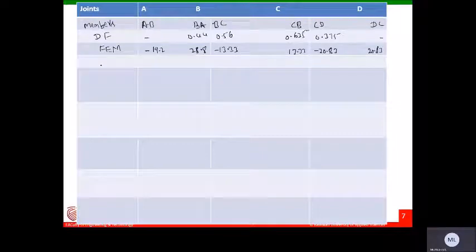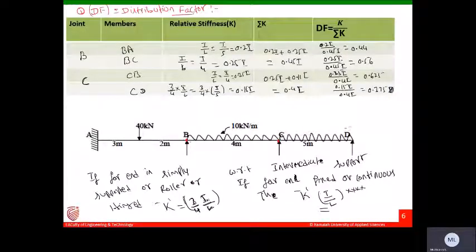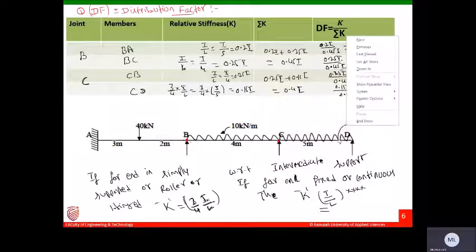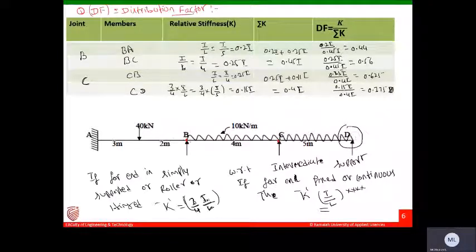Now what you have to do? Now you can see the real beam here. You know that the last support D is simply supported. Then the moment at this point, MDC, will be 0.